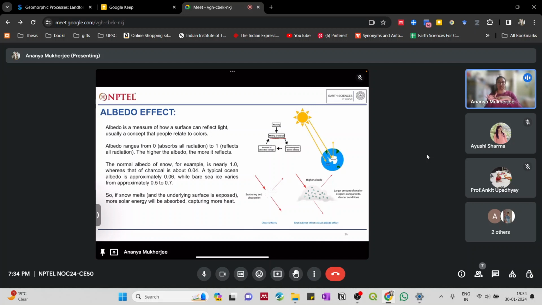But suppose there are a lot of bumps and other particles present. Each and every particle and feature on the surface will scatter the light in different directions, so that again plays a role in the albedo value.